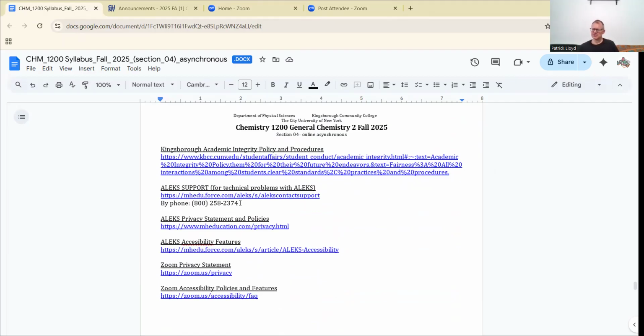They're not open like 8 to 9 p.m. I think particularly on the weekends, they're only open a few hours, but they are open some number of hours. So I would check those hours and write them down just in case you have any technical problems on Alex. Okay. I can't really help you with computer problems. I can't help you with connection problems. That's something you'll have to do with Alex.